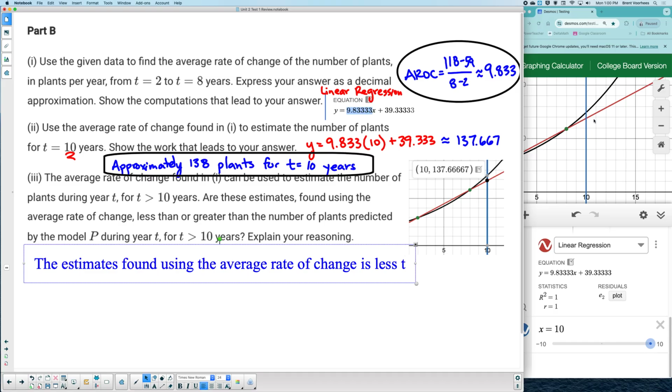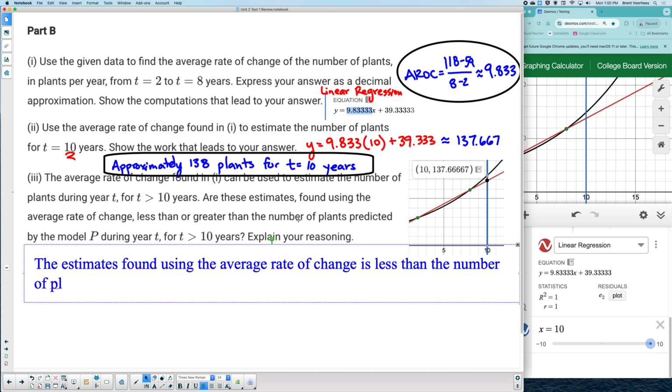Is less than, or excuse me, less than what it said, the number of plants predicted by the model P during year T for T greater than 10 years.